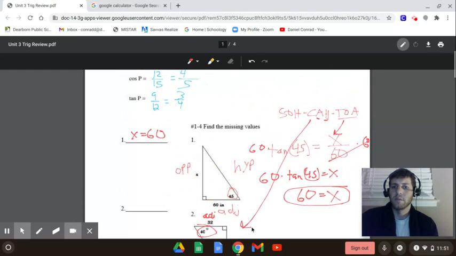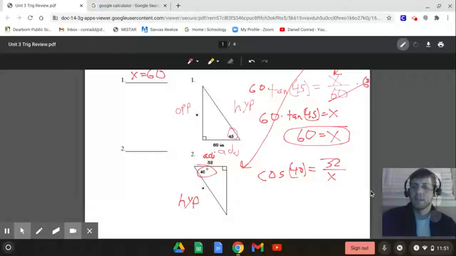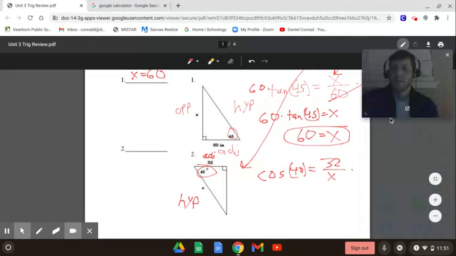So for this one, we're going to use cosine. Adjacent over hypotenuse. So cosine, input the angle, so cosine of 40. Ratio is adjacent over hypotenuse, so 32 over x. So x is in the denominator, so we need to multiply both sides by x.